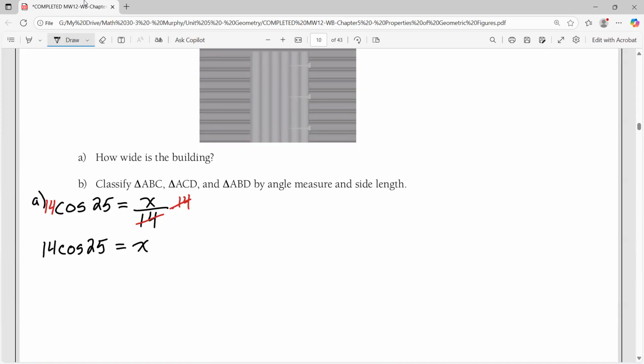And I got 12.68831. So I'm just going to take 5 decimals, and that is in feet. Okay. Now, if you use tan, you're going to get a slightly different decimal number, which is fine, because at the end, when we round, it should come out to the same answer.